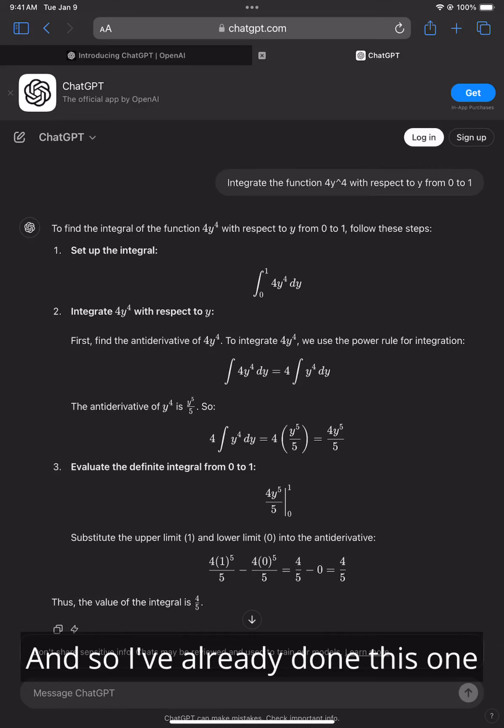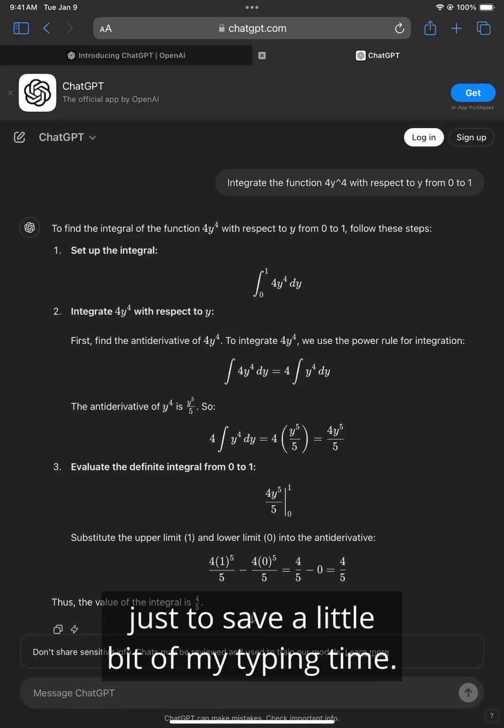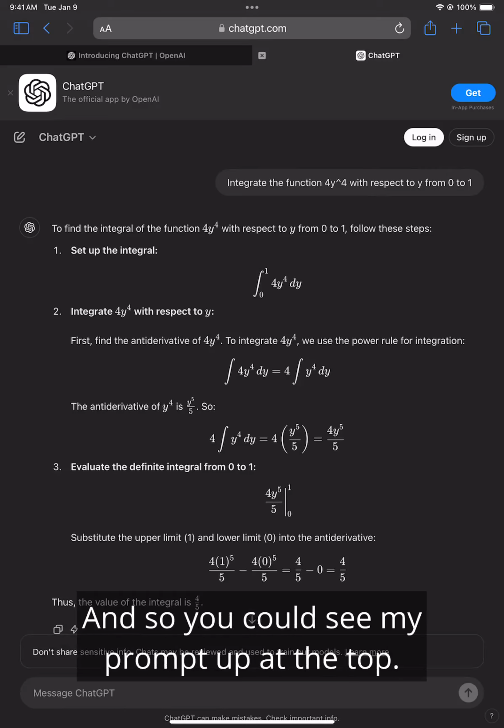I've already done this one just to save a little bit of my typing time. You can see my prompt up at the top. I just said integrate the function 4y to the 4th with respect to y from 0 to 1. ChatGPT, of course, never stops talking and gives me this super long response, but the only thing I really care about is the 4/5 at the end.